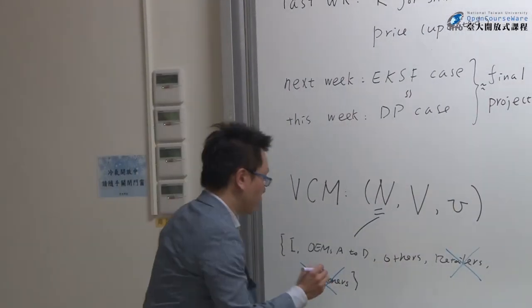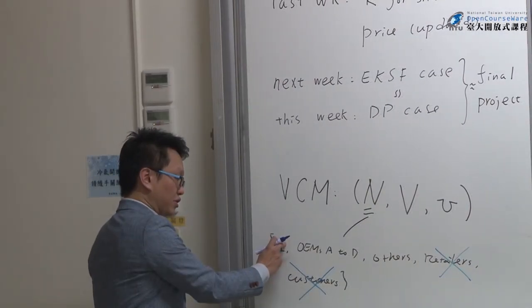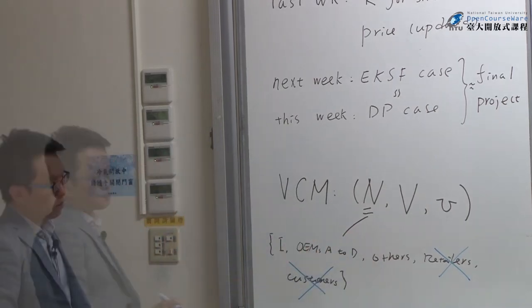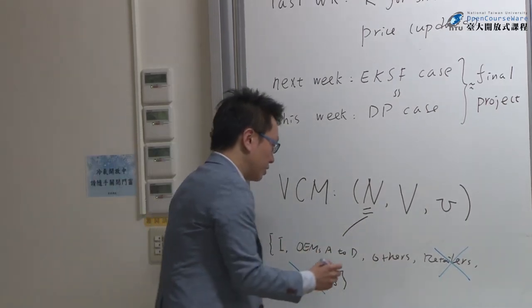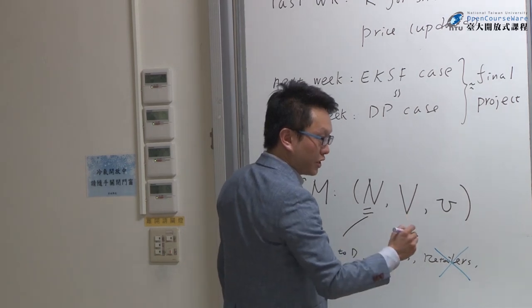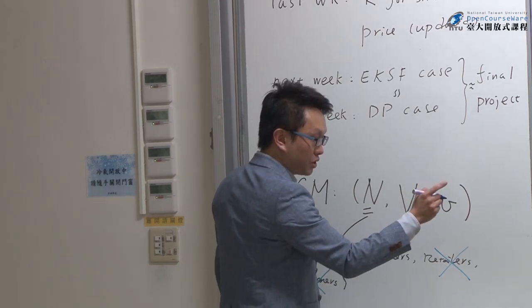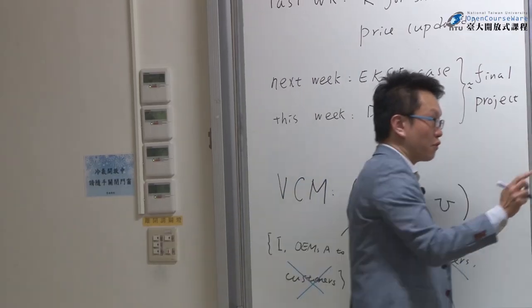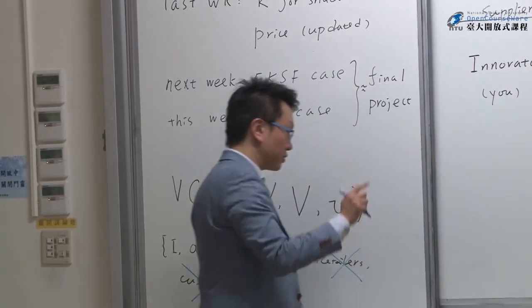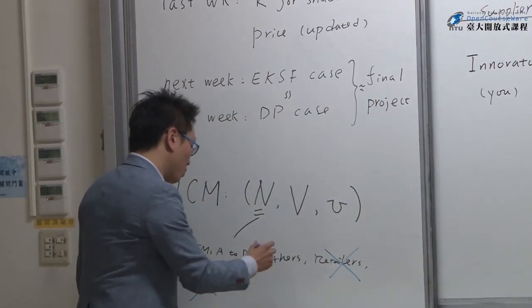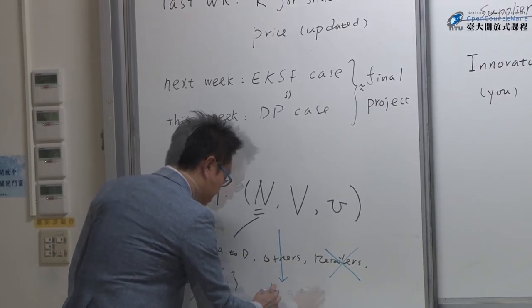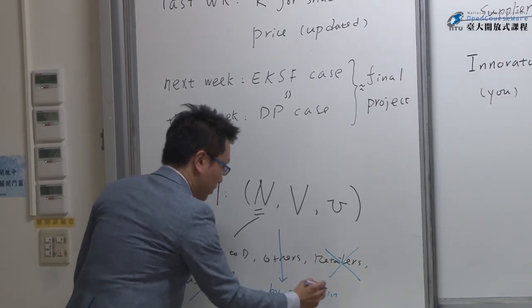So now we can just focus on yourself, the innovator, the big four OEMs, and other producers. Now, let's work on this case. If we think about other retailers, they cannot add extra value, and all market growth is from the big four. You make this assumption; we'll see it on the next page. And we will find a way to handle this by assumption, because they are not key players.